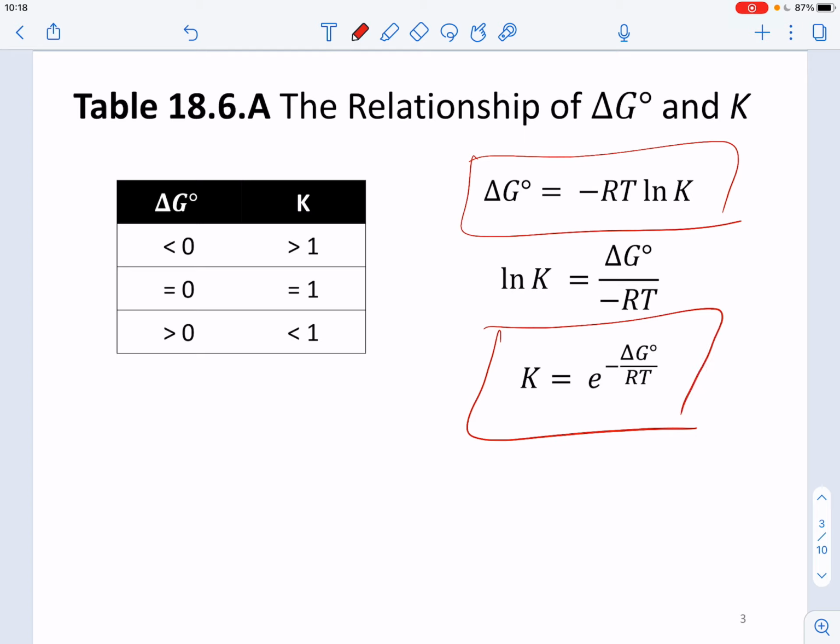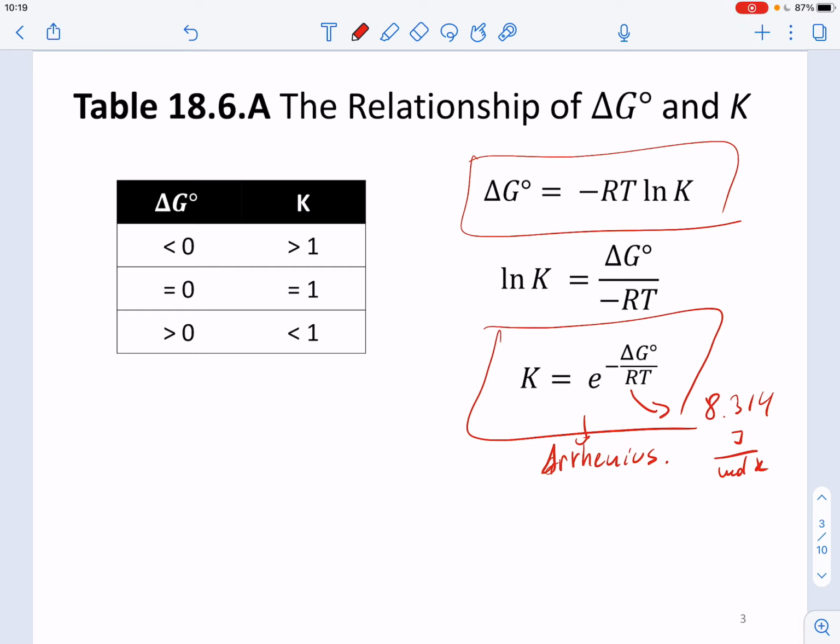And this looks like something that you're familiar with, right? This looks pretty much like the Arrhenius equation with activation energy. Now, because you are working with energy, the R that you use here is 8.314 joules per mole Kelvin, and that's going to be the case for most of the things that we are going to do here.